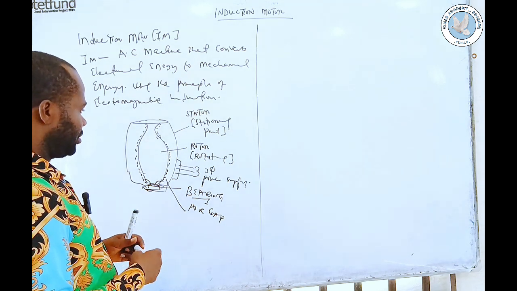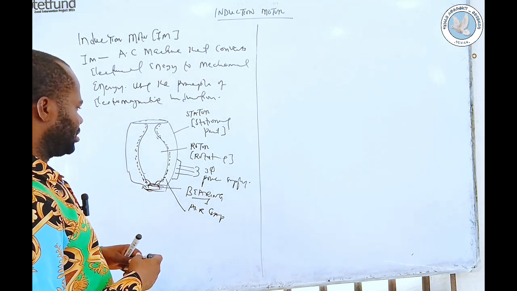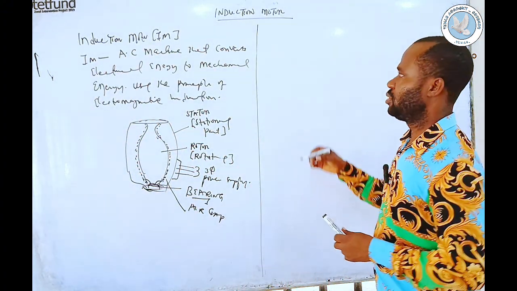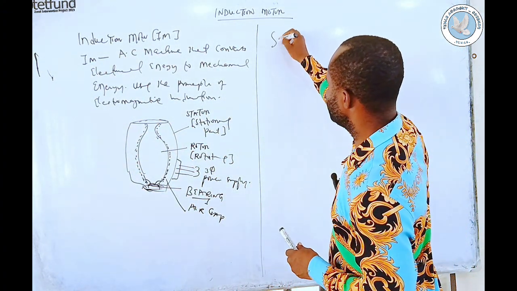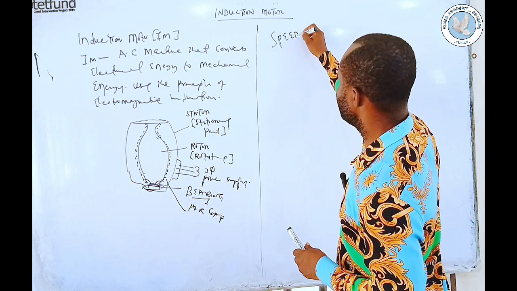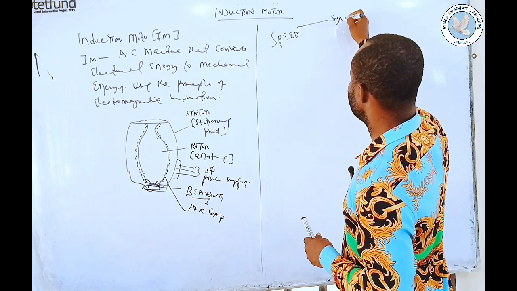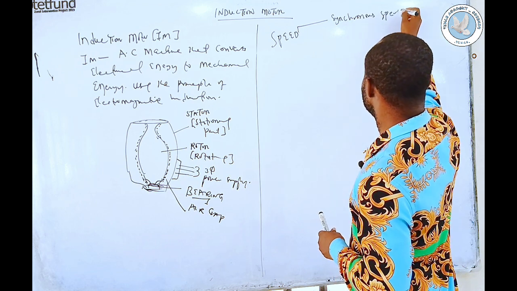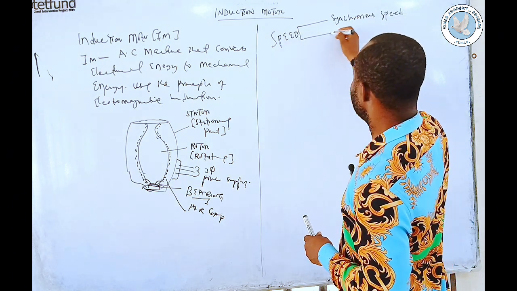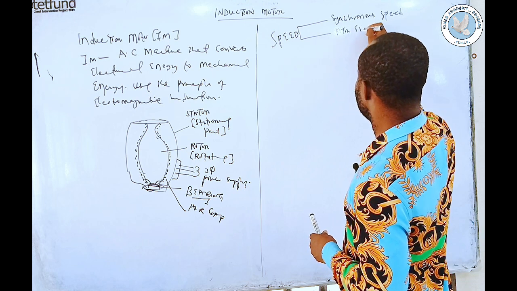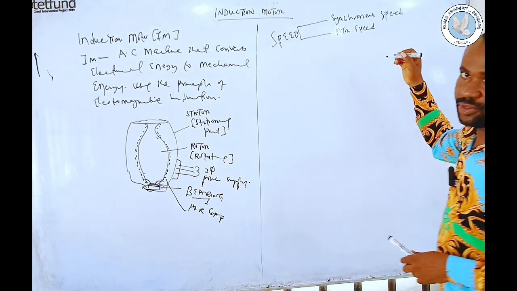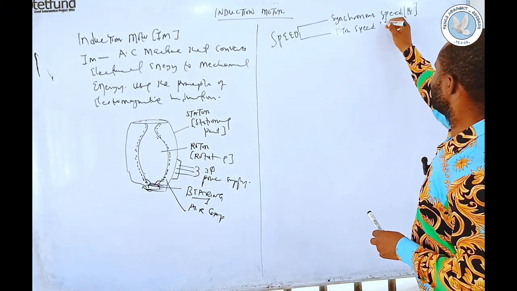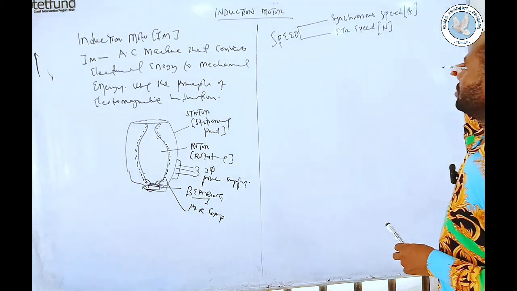So at this point, we also look at two speeds that are noted in induction motor. We have the synchronous speed. We also have the rotor speed. We write this and we use N on this.